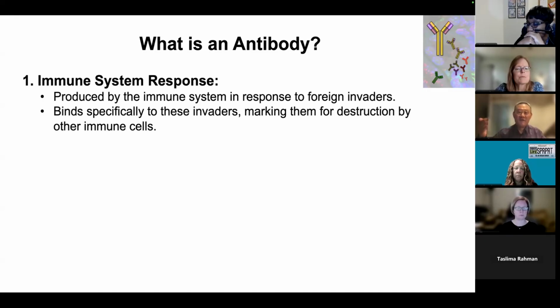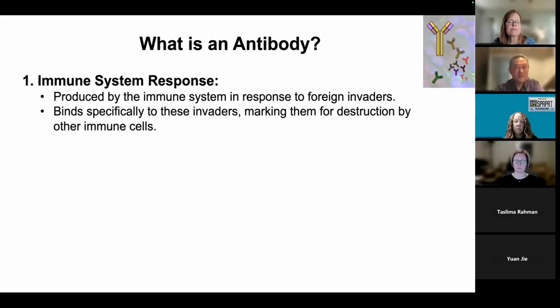If a foreign invader comes, the body has this immune system in response. The way the body responds to a foreign invader is to produce antibody. This is a natural system in our body. Every single one of us has the capacity. They are produced so that the body can use the antibody to bind specifically to these invaders, and binding to those invaders will make them be destroyed by other parts of the immune system.